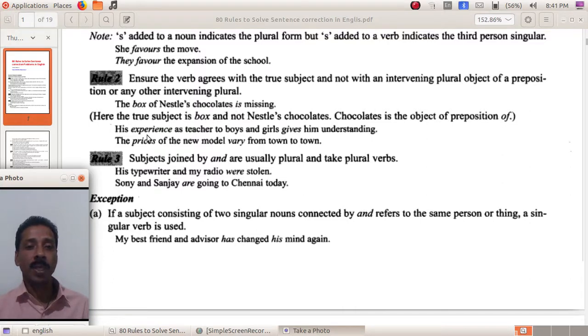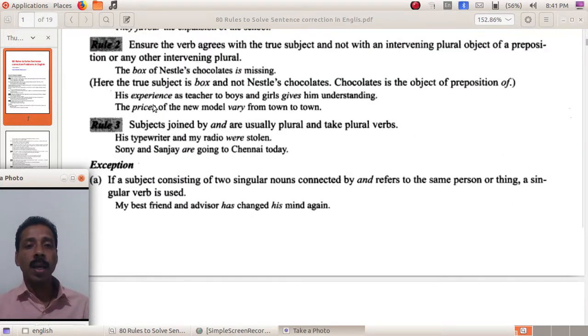Then, his experience as teacher to boys and girls gives him understanding. The true subject here is experience. As plural nouns are here, we may feel that this is the subject and we may use a plural verb.